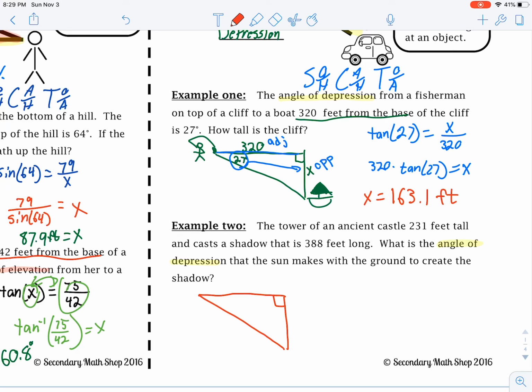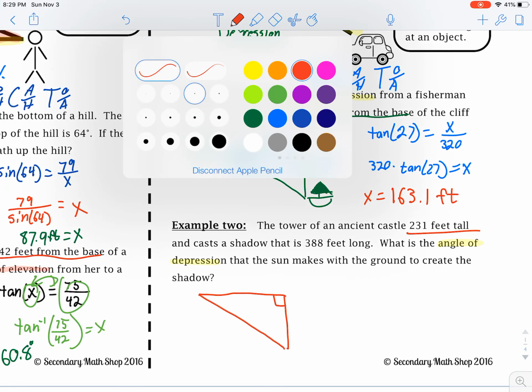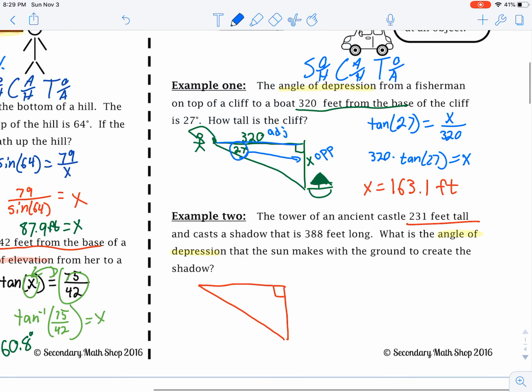All right, so let's go ahead and find out our information. So an ancient castle is 231 feet tall. All right, what part of the triangle represents how tall it is? It's our vertical. Okay, so let's go ahead and label that 231. Okay, and a shadow is 388 feet long.